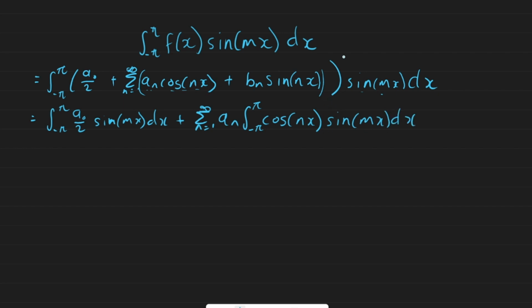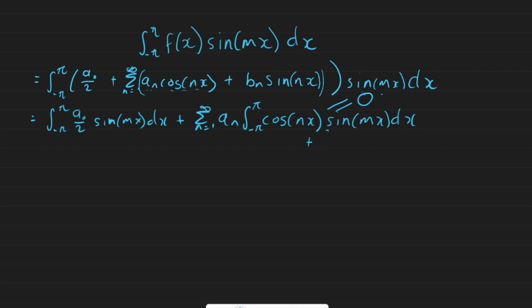And just as was the case in the previous derivation that we did, this entire integral becomes 0 because cos nx times sine mx gives us 0 regardless of whether n is equal to m or not equal to m.